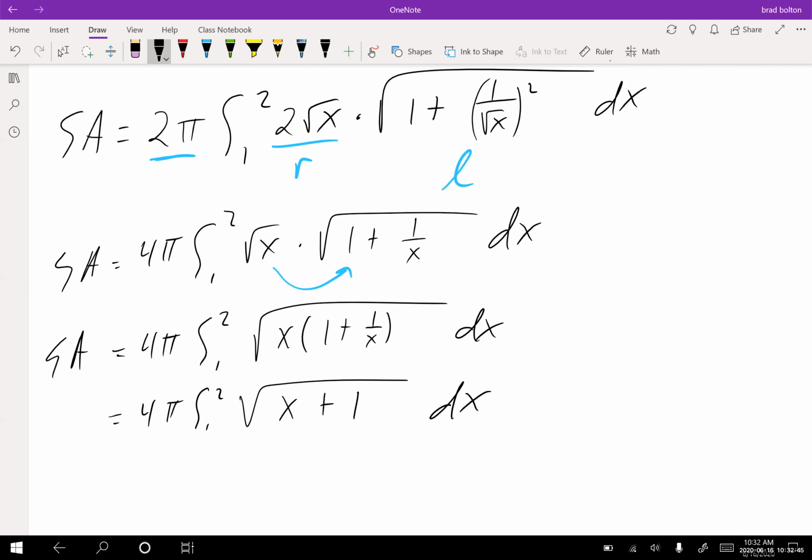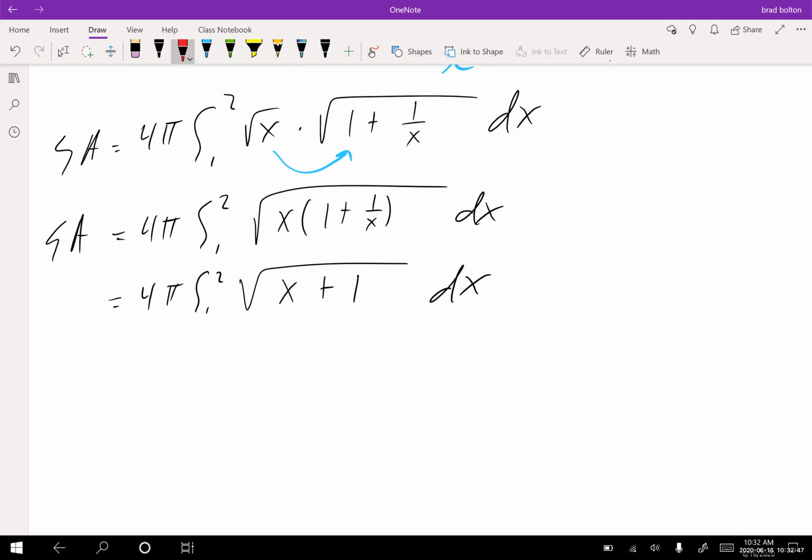Well, that's not so bad, okay? And technically, this is a nice easy u sub. This becomes x plus 1, du is equal to dx. So this would become 4 pi, the integral of u to the 1/2 du. I'm going to write my limits of integration in terms of x, so I'll plug them in at the end.